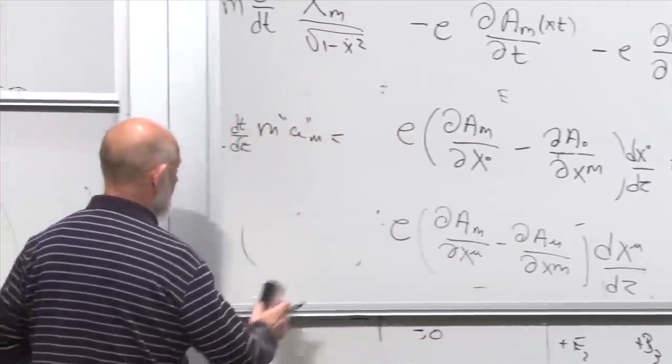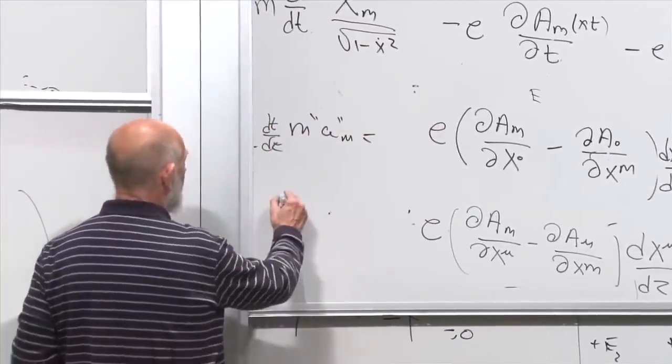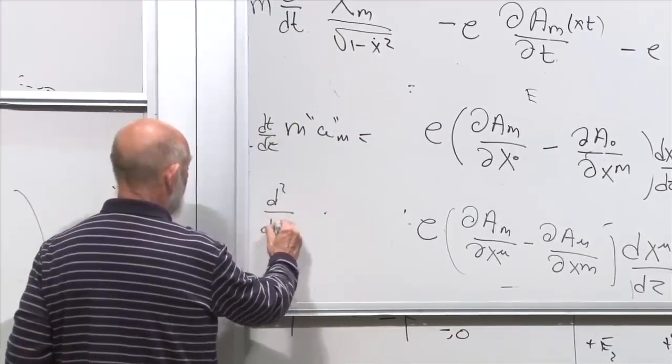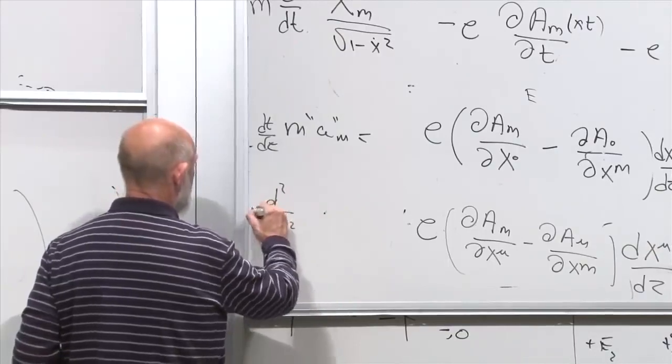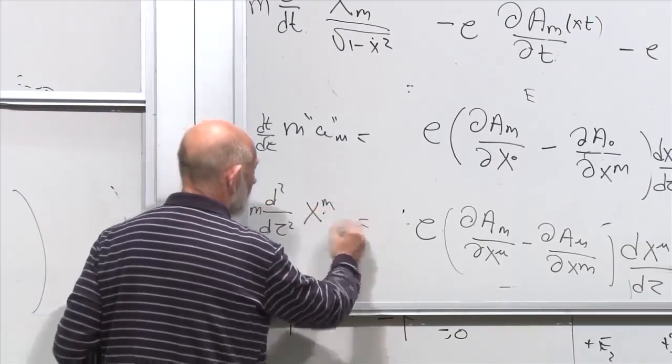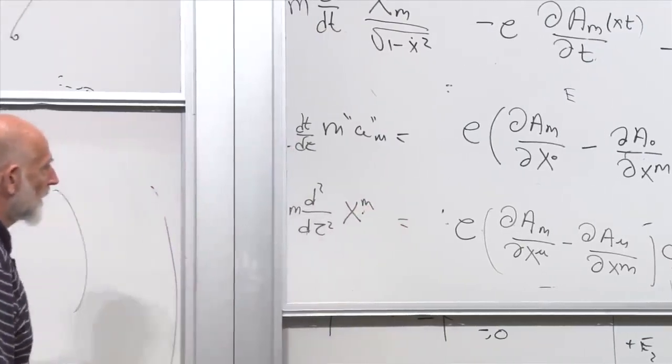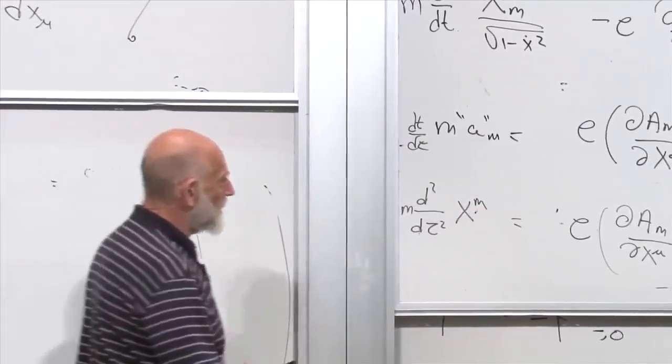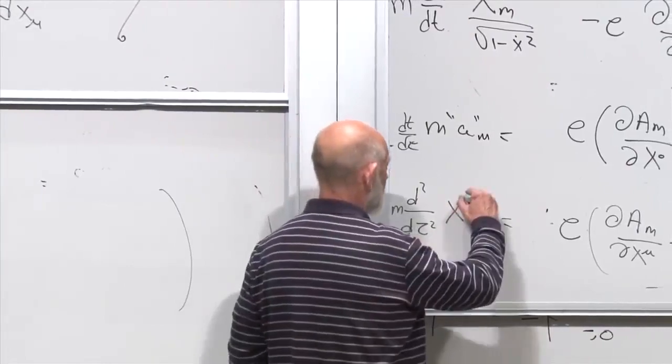On the left-hand side, it's d second by d tau squared of x m equals. This is x m, not mu.